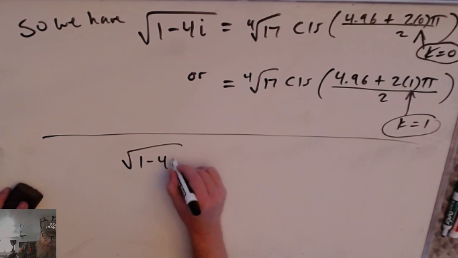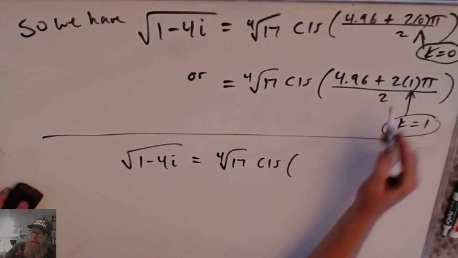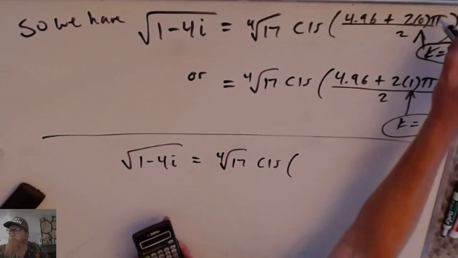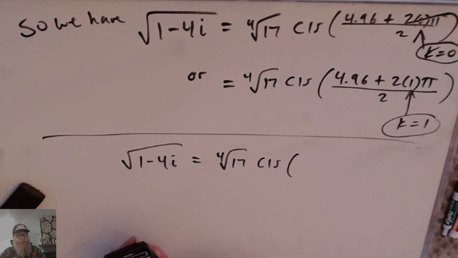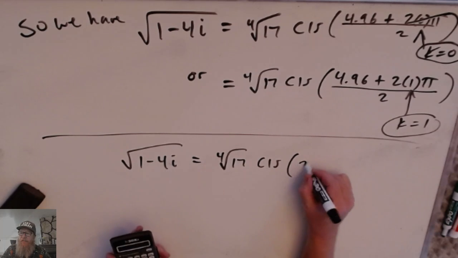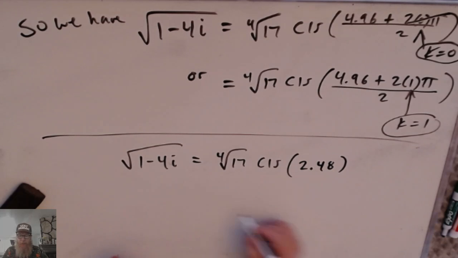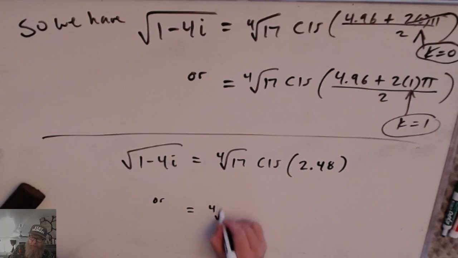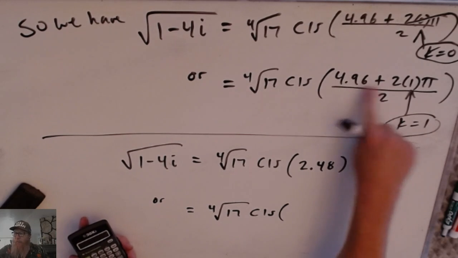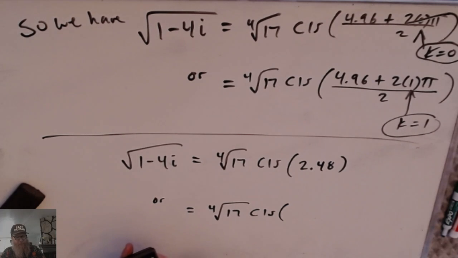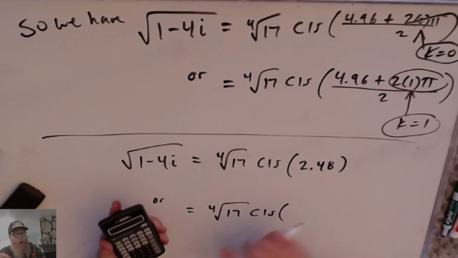So the square root of 1 minus 4i is the fourth root of 17 cis. Notice when you plug in 0, it's just going to kill that pi. So you just have cis 2.48. Or your other possibility, 4.96 plus 2 pi, because you're plugging in 1.